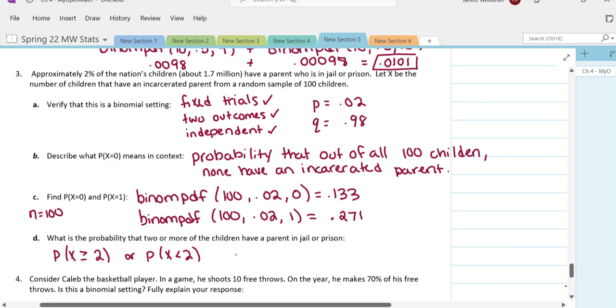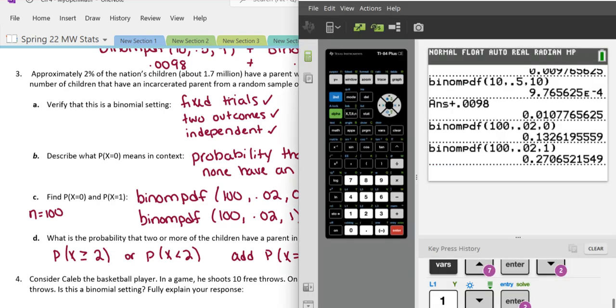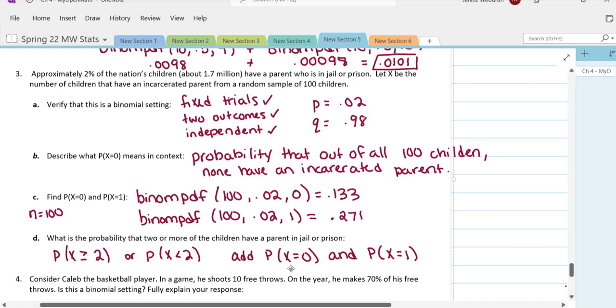So if I add 0.133 plus 0.271, you get 0.404.